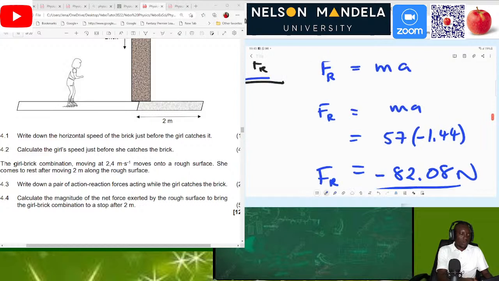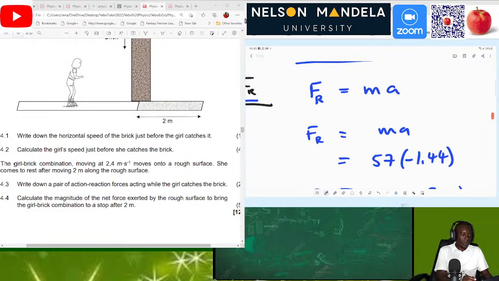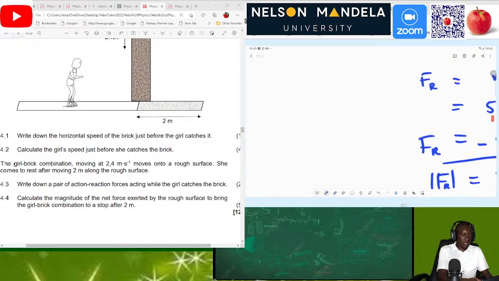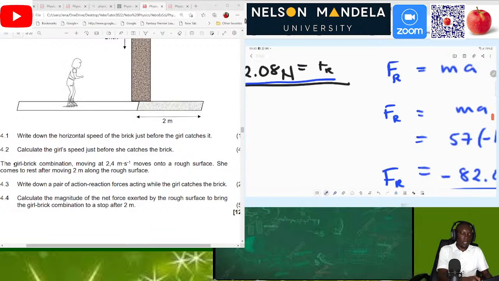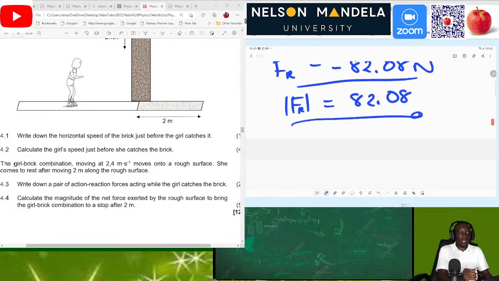So we can look at it also in that way. So the magnitude of this frictional force is 82.08. It comes out to the same thing. It's in agreement with what we got using the conservation of energy.